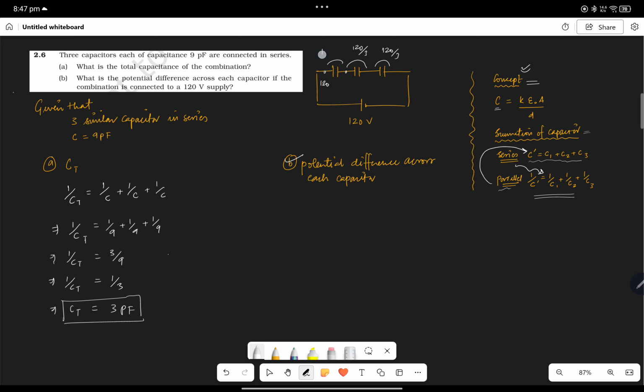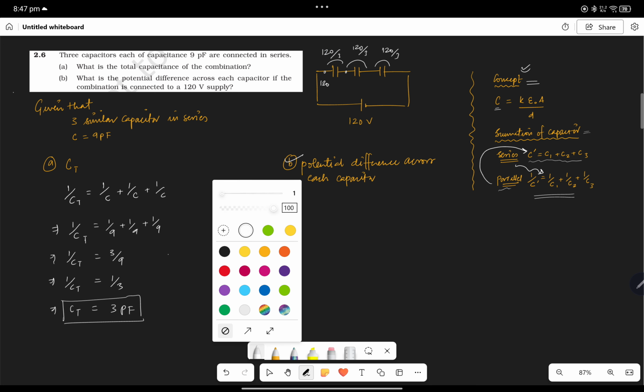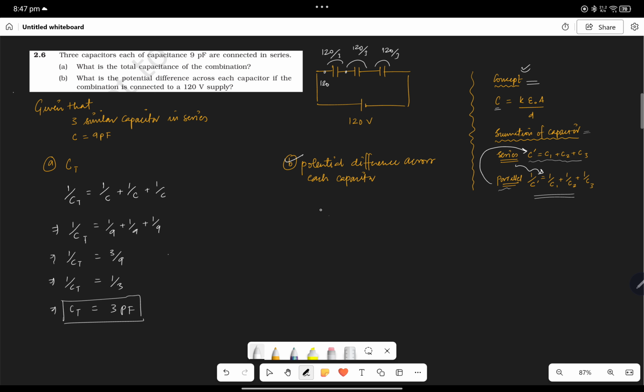This is because all the capacitors are of the same value, same magnitude. So the potential difference across each capacitor is going to be 120 by 3. So that is 40 volt.